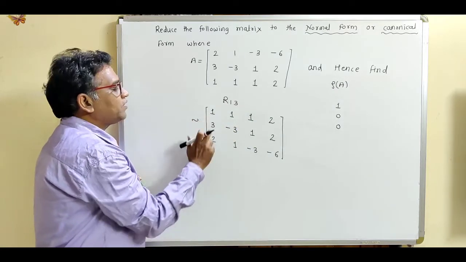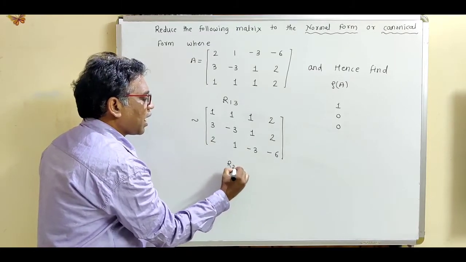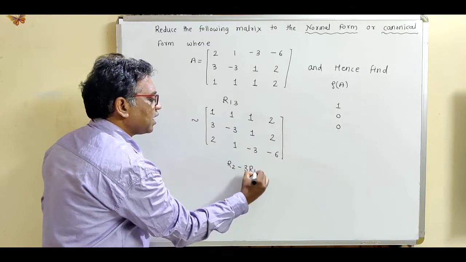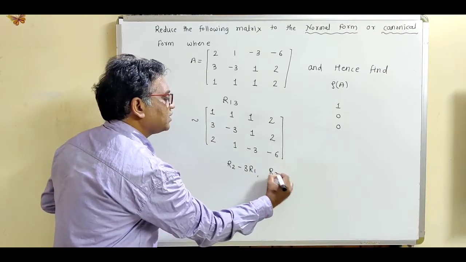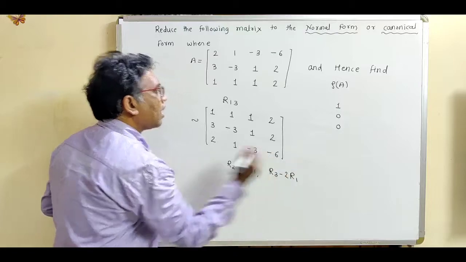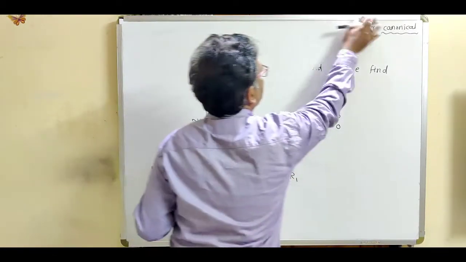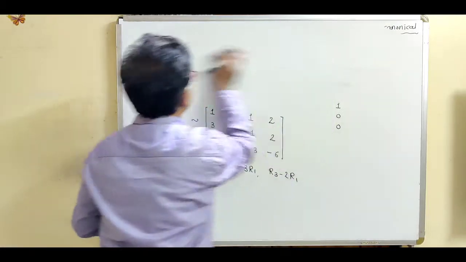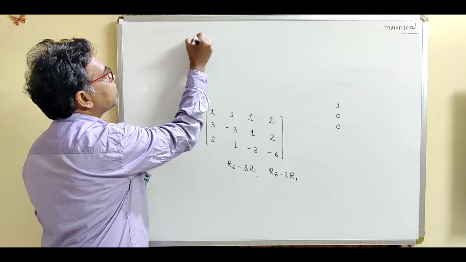So use now the row operation, make this element a 0. So perform R2 minus 3R1 and use this second elementary operation, that is R3 minus 2R1.